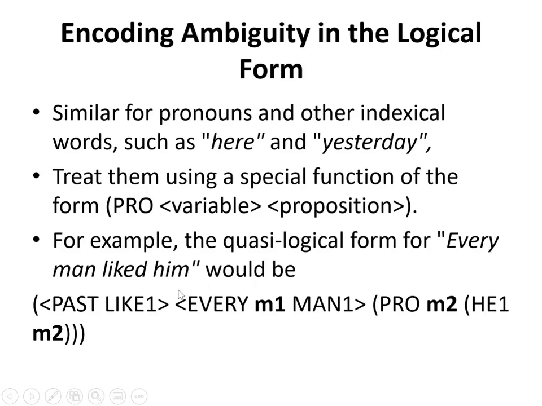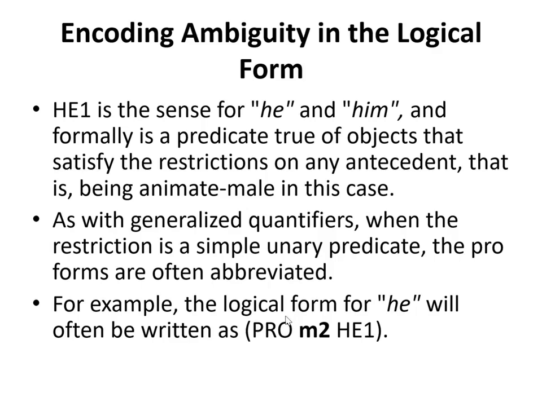Every man liked him can be represented as every M1 man 1, PRO M2, which is he 1 M2, who is liked by every man. This is how we can represent the pronoun and indexical term.